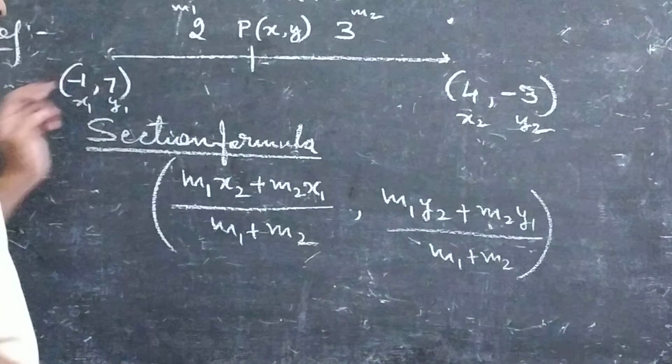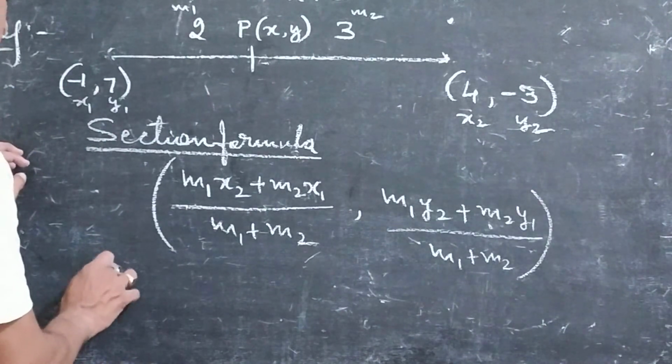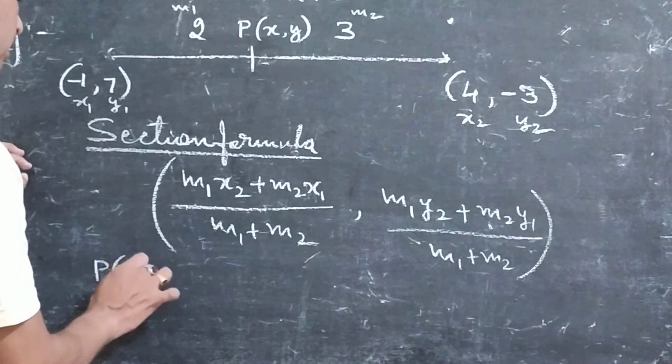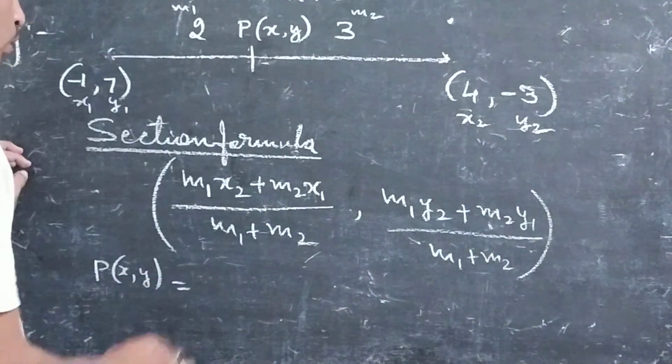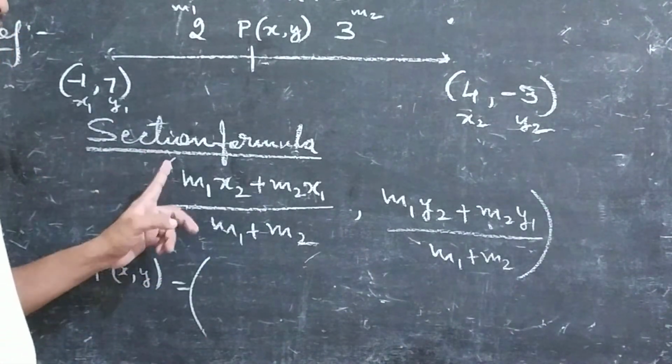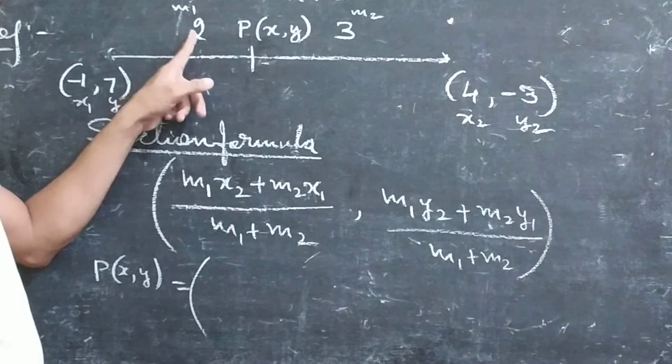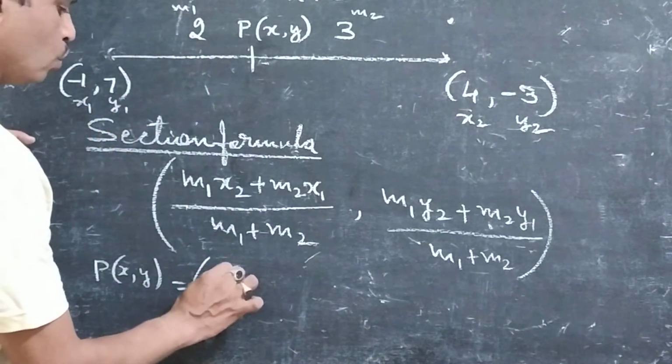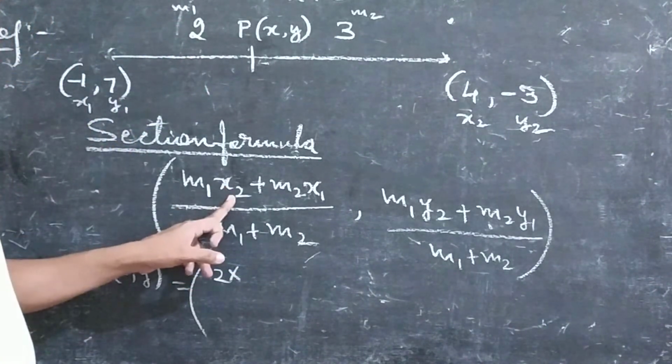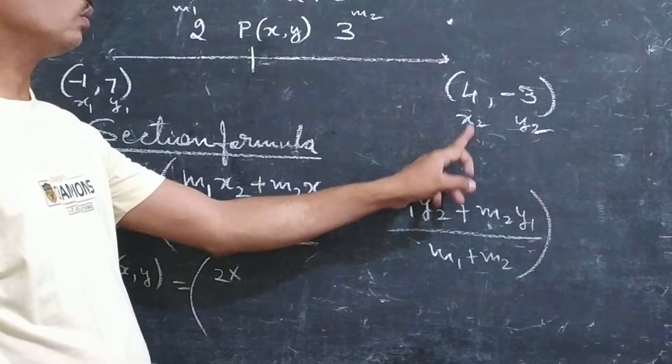Now point P, coordinates (x, y) is equal to: m1, what is m1 here? 2. 2 into x2; what is x2? 4.